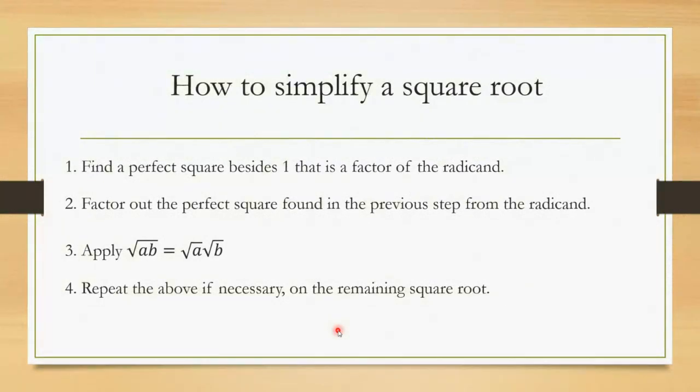So to simplify a square root, you're going to find a perfect square besides one that is a factor of the radicand. I mean, there's going to be one if it's not simplified. If there is no such perfect square, then it is simplified. You're going to factor out that perfect square, okay?